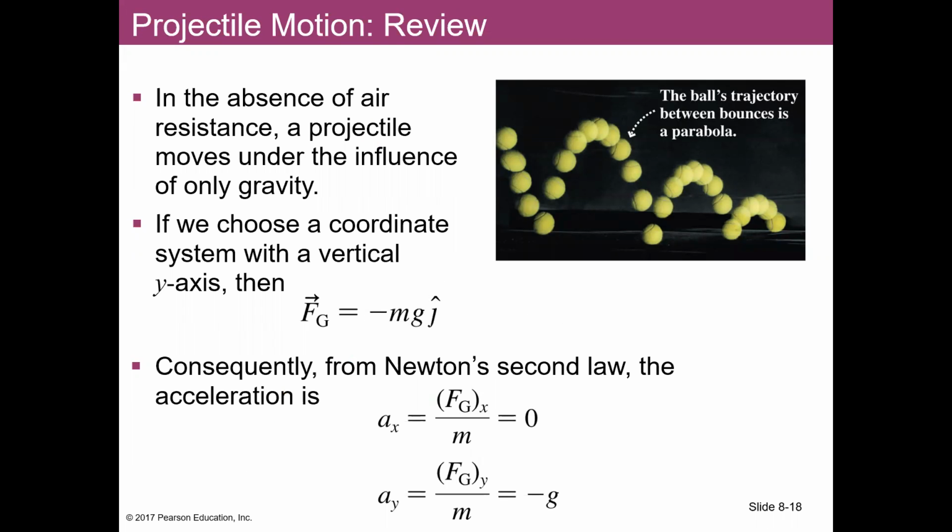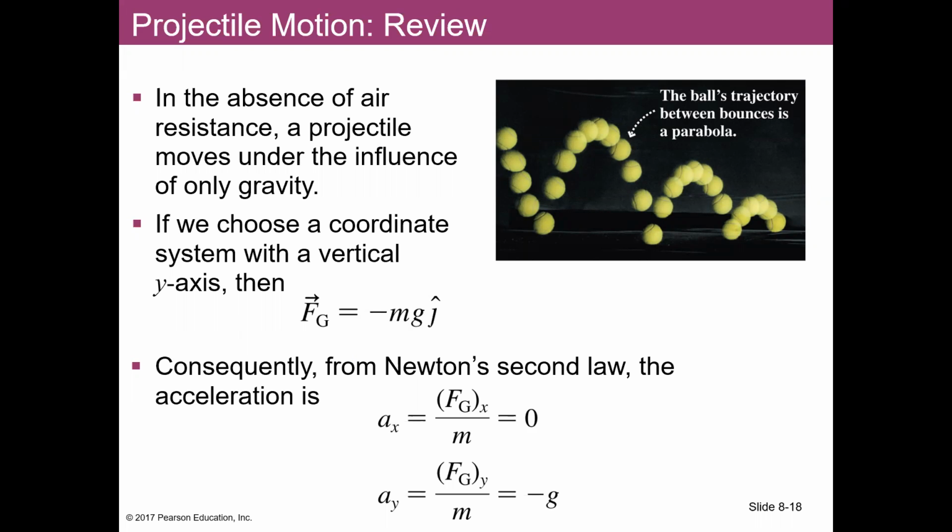And speaking of projectile motion, we have a review of projectile motion. Now we typically use a standard XY coordinate system. That's going to leave us with acceleration that's constrained in the y direction, right? If we choose the typical up is positive y and to the right is positive x, then the net force is just mg down.